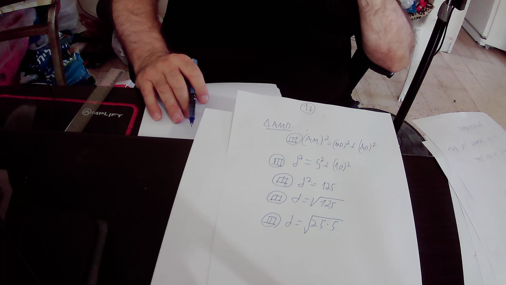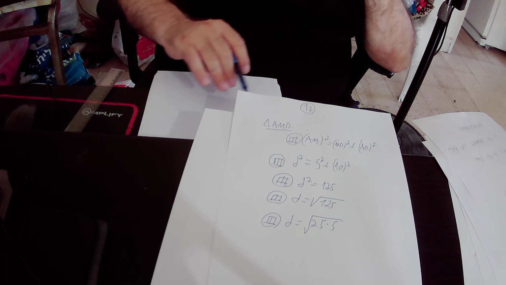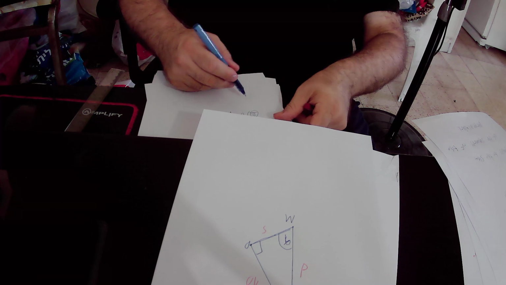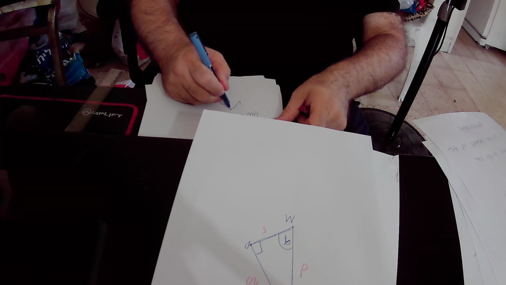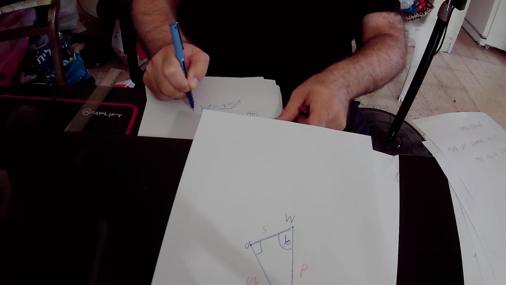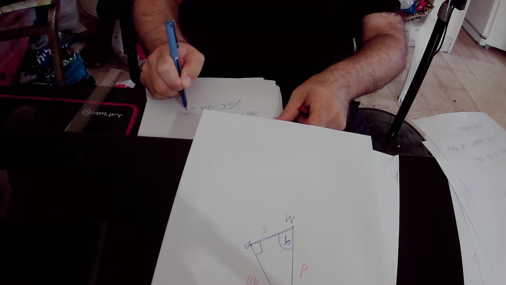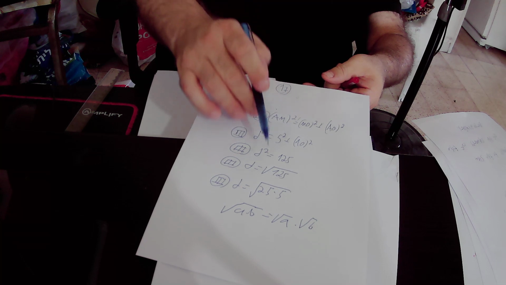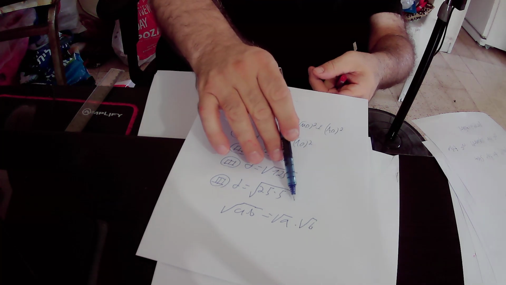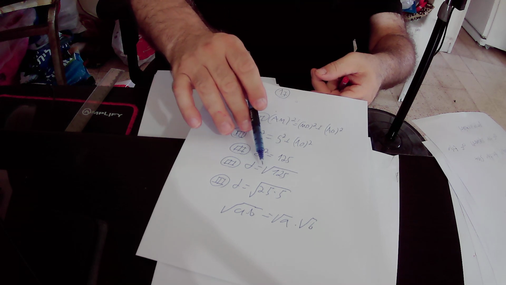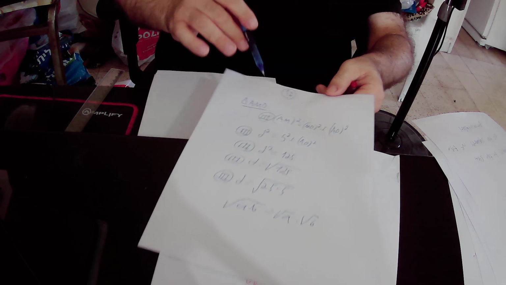Now we can split the root into two roots according to the rule that the root of a times b equals root a times root b. According to this rule, we can write that D equals root 25 times root 5.